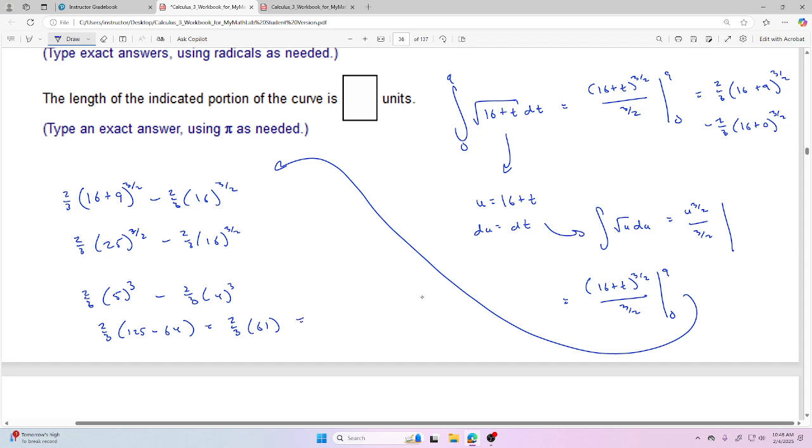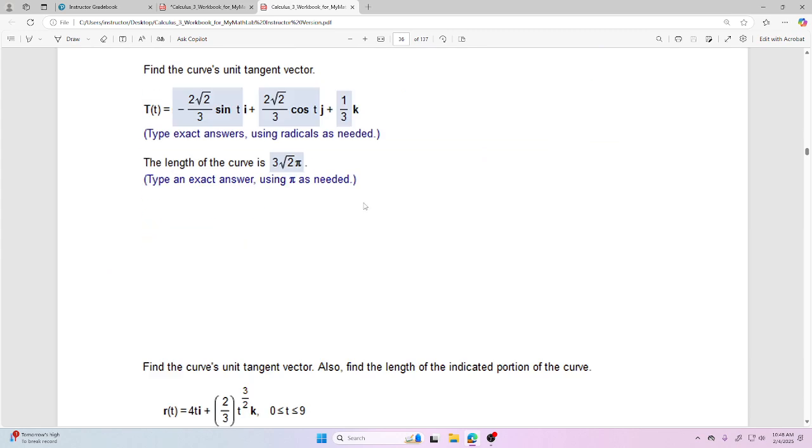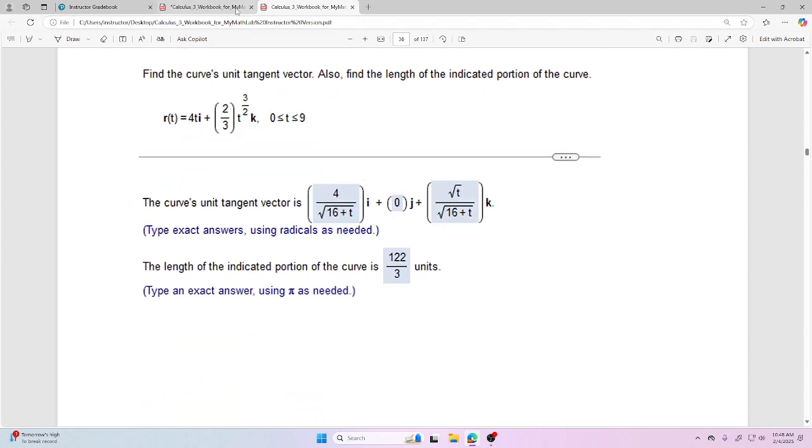Oh no. 122 over 3. There's probably not a 3 in there, is there? Because 61 is like prime, isn't it? I think so. At least it's relatively prime to 3. Okay, let's check it out. Let's flash the answers. Yay! We did it. Okay, cool.